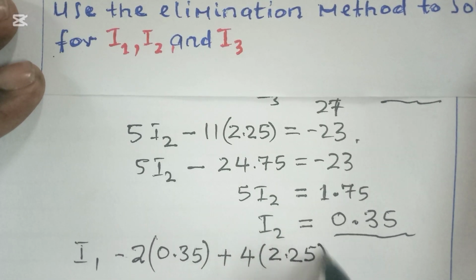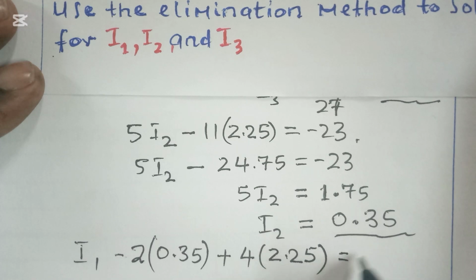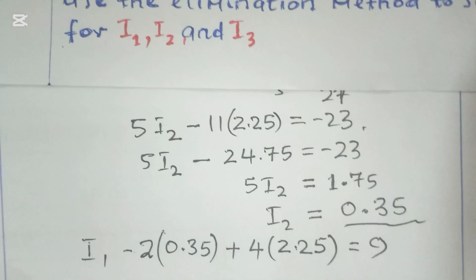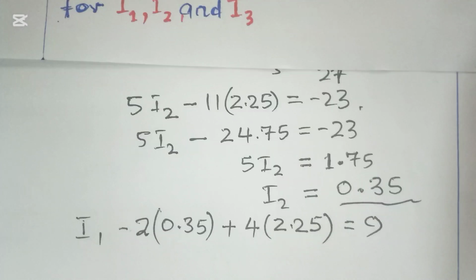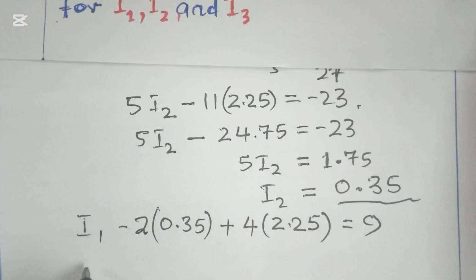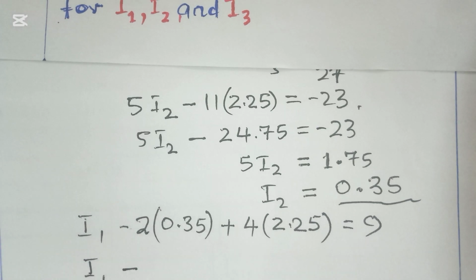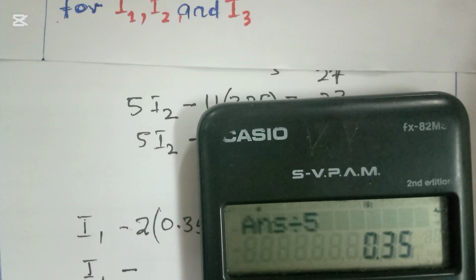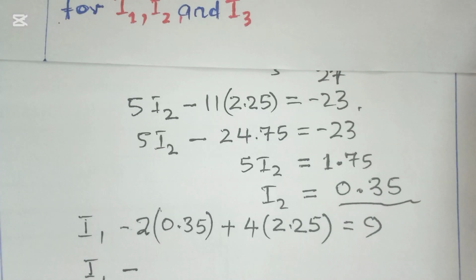Now this one gives us 9. So let's see what we are going to get for I1. So this is going to be I1 minus, we multiply 2 times 0.35, we get 0.7.